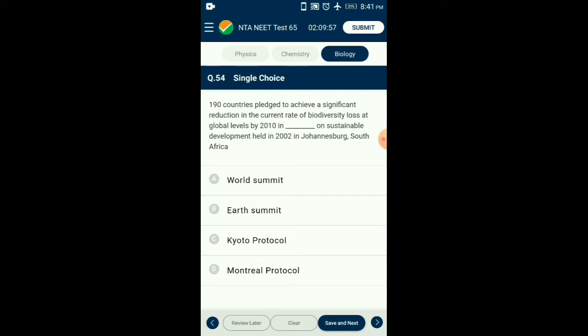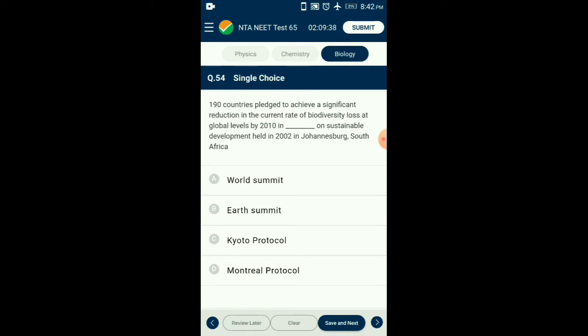Question number 54. 190 countries pledged to achieve a significant reduction in the current rate of biodiversity loss at global levels by 2010 in the World Summit on Sustainable Development held in 2002 in Johannesburg, South Africa.